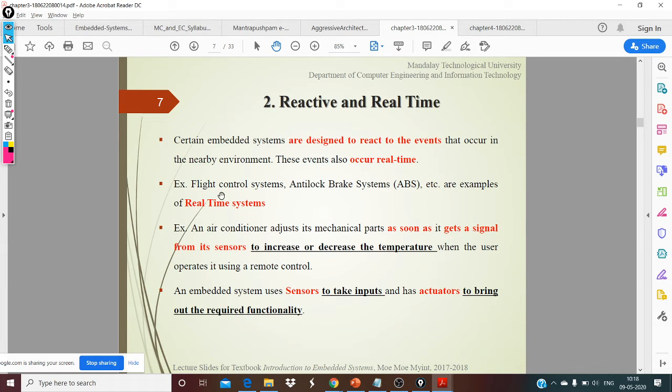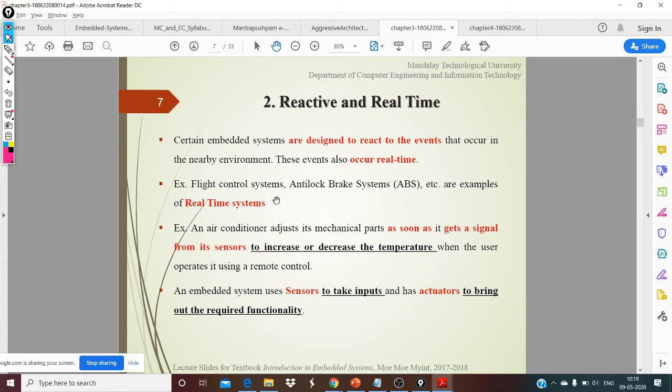Here they take it to an extreme, so it's not just limited to microwave. If coffee spills, it's okay, you can clean your microwave. But think about flight control systems and anti-lock braking systems, ABS. In a flight control system, the pilot says landing gear down, and it has to be down. It cannot say, I'm lazy, let me do it after some time. And when the pilot says flaps up, the flaps should be up.